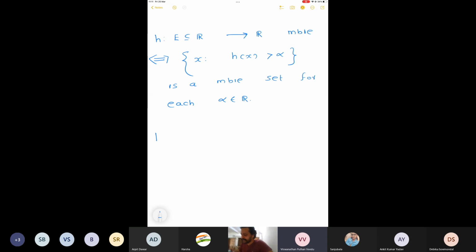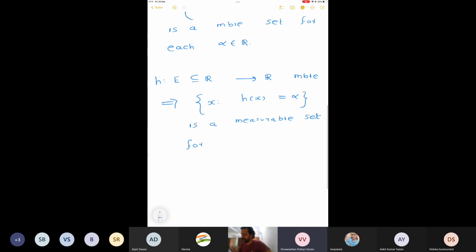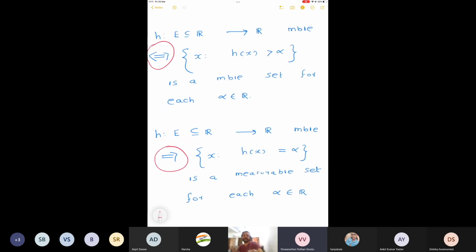Whereas we also know that if h from E subset of R to R is measurable, one-way implication, it implies the collection of all x such that h of x equal to alpha is a measurable set. So measurability of a function is defined via measurability of the set, actually the inverse image. I want you to keep this in mind. It is only if implies, whereas this is if and only if.